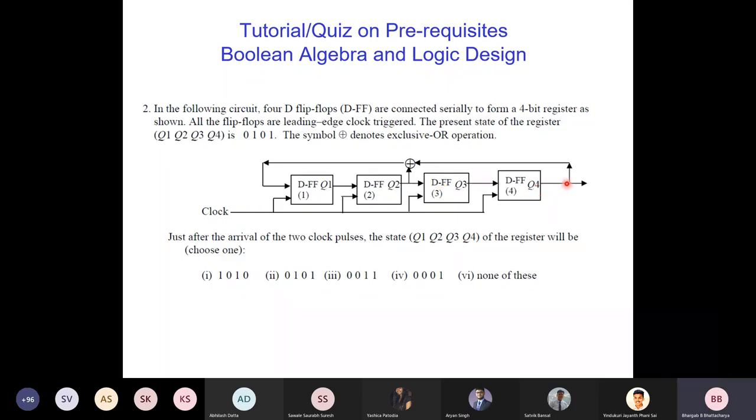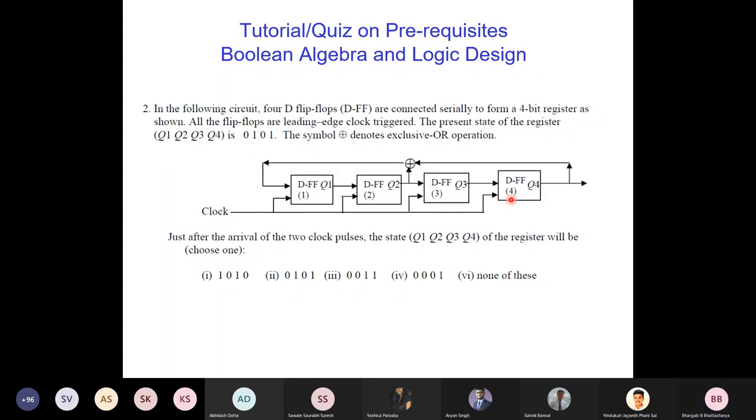The output of Q4 is taken here, and the output of Q2 is taken, and I make an exclusive OR here, and the resulting bit is fed back to the input of the first D flip-flop. And all these D flip-flops are clocked. So I have a common clock here, which synchronizes all of them.